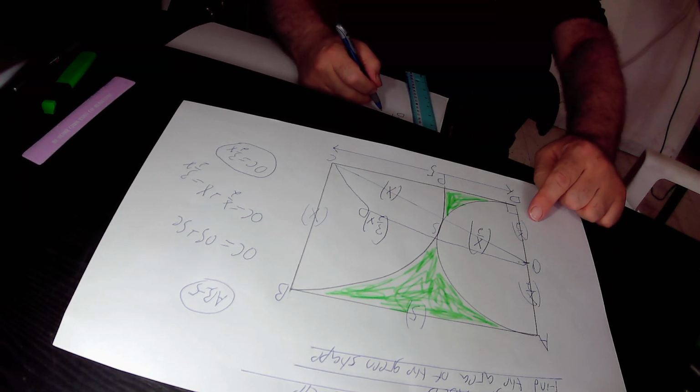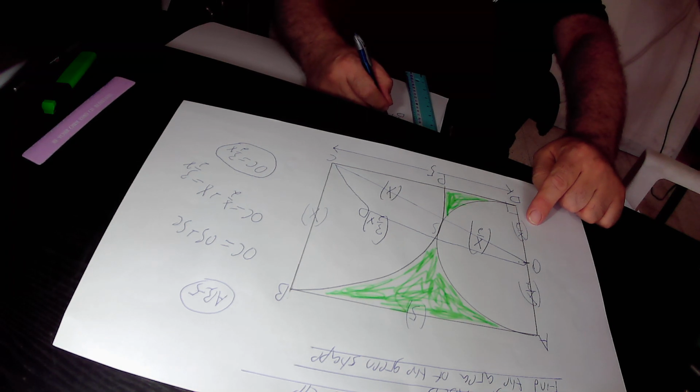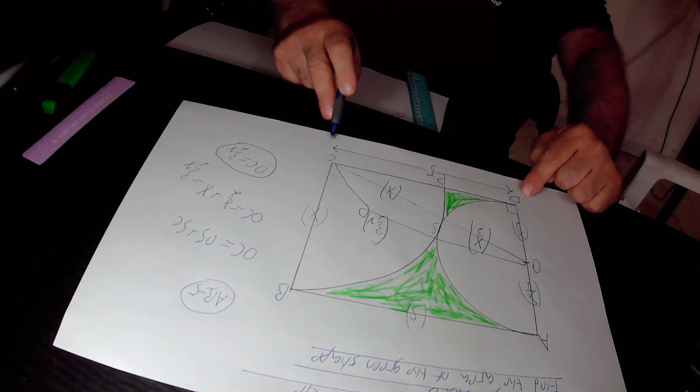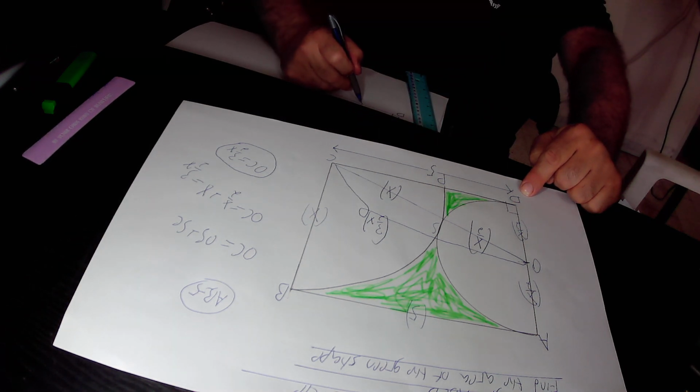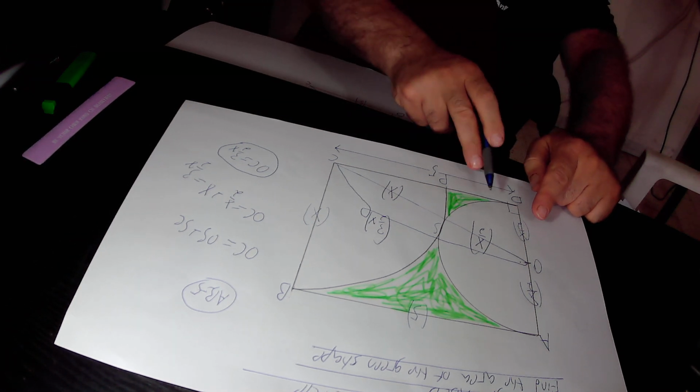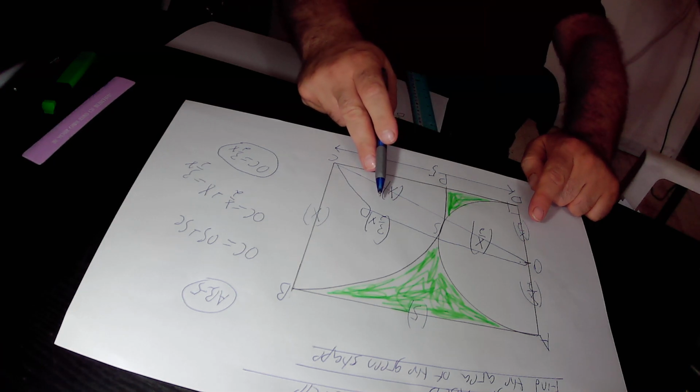Side OD equals x over 2 units in its length. We just right now found out that side DC equals 5 units in its length, and the hypotenuse OC equals 3 over 2 times x units in its length.